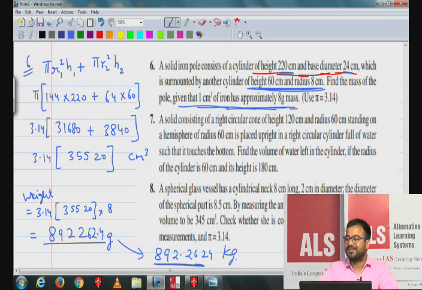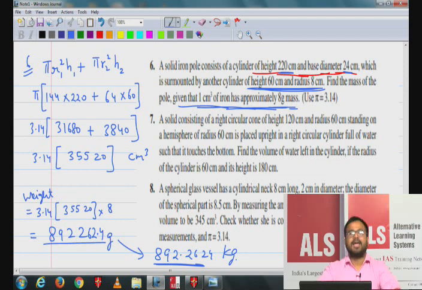Oh, CC4. Yeah, I forgot. Sorry. So you are getting 142 for the 7th one, right? Yeah, that is wrong.